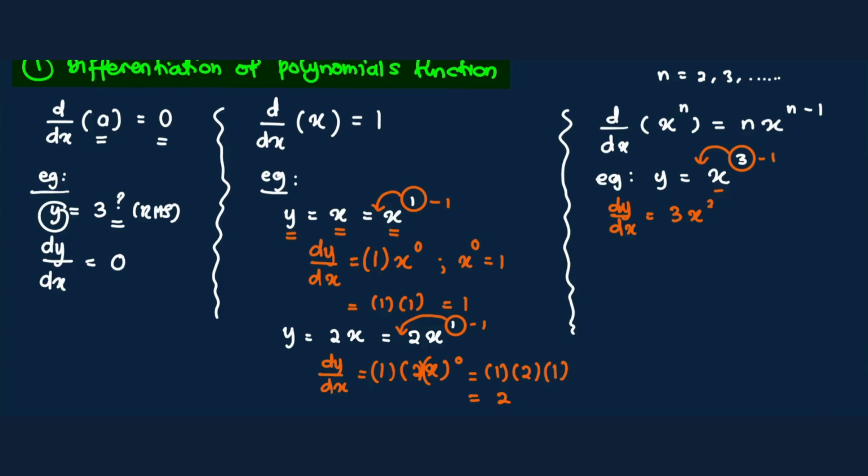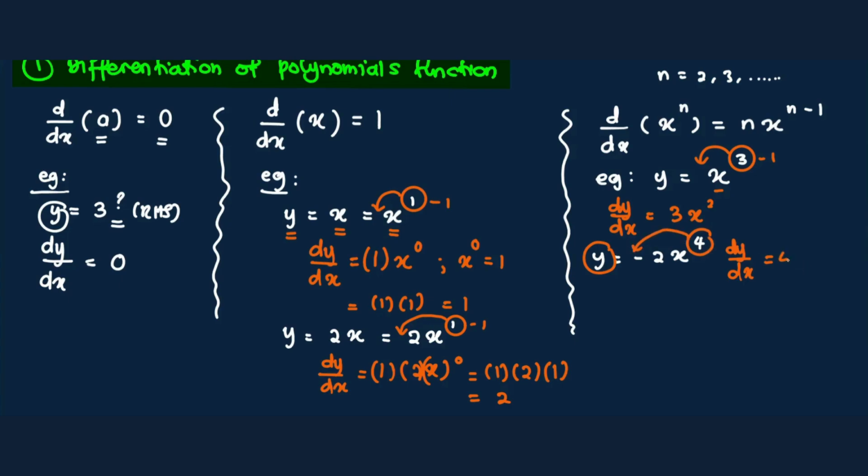Next example, y is equal to minus 2x to the power of 4. Finding the derivative for this function will give you dy/dx is equal to 4 multiplied to the front here.